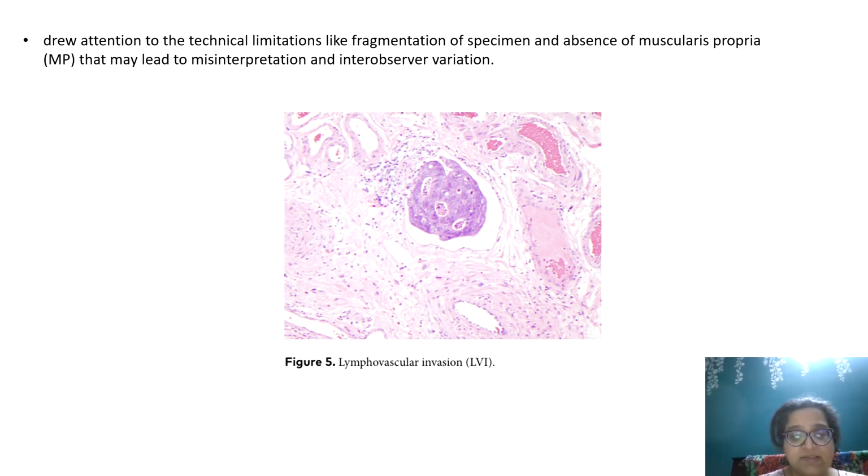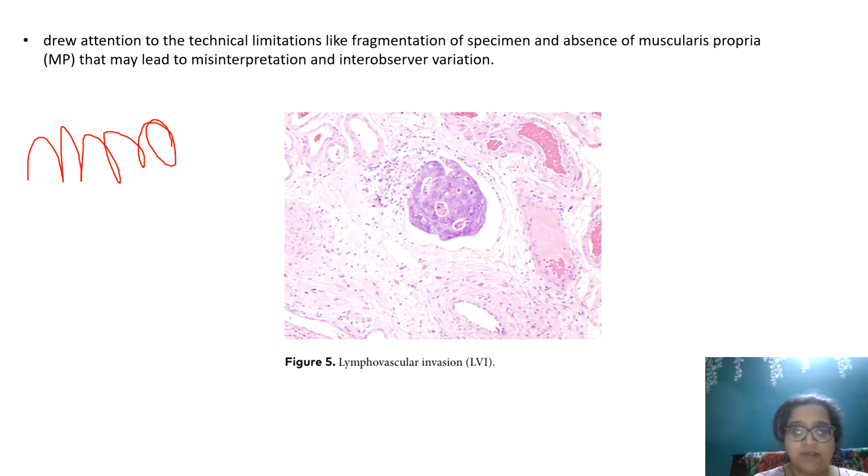Submucosal invasion means that supposing this is your lining, the epithelium, then this is your lamina propria, then comes the submucosa, then here is the muscularis propria, and here is the serosa. So how much, and this was the tumor, so how much of the submucosa has been invaded?